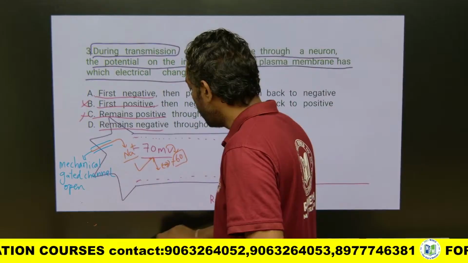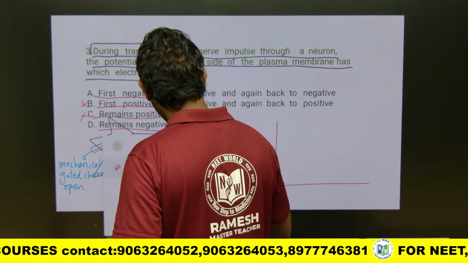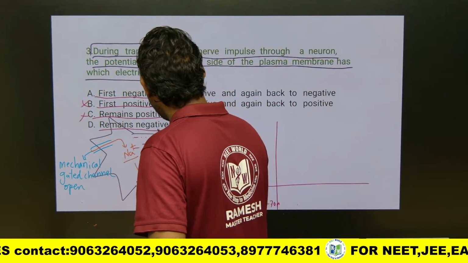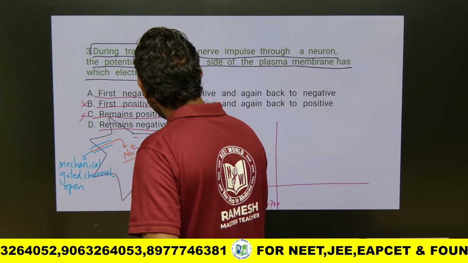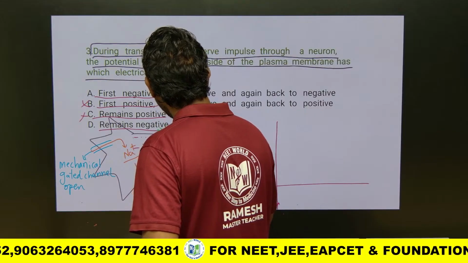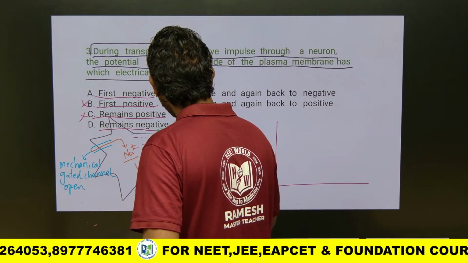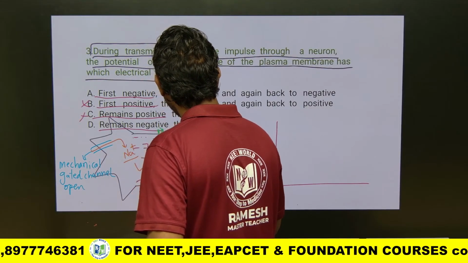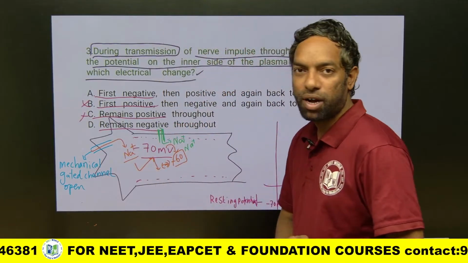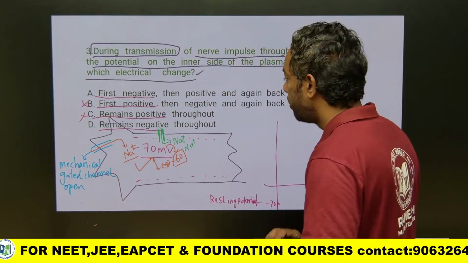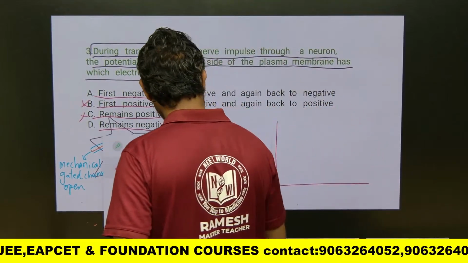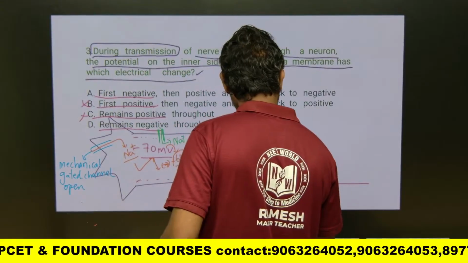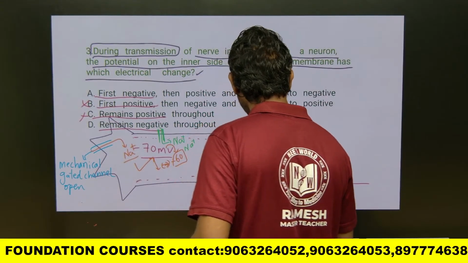In that way, a voltage gated channel opens. If the voltage gated channel opens, a number of sodium ions enter inside. So in this condition, minus 60 is the threshold potential.